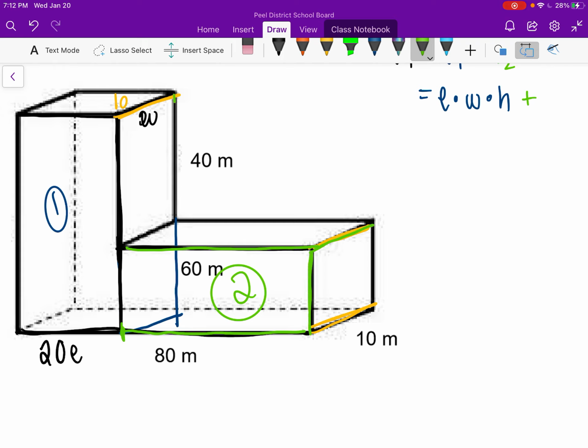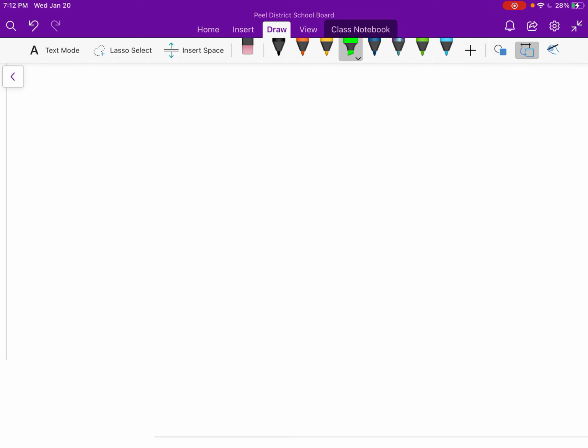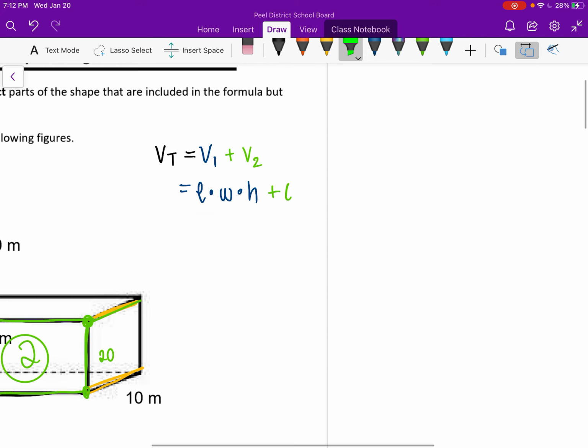I know that all of this together is 60. So it's safe for me to assume that if from here to here is 40, whatever's left over is the spot from here to here. So that's going to be 20. So I'm just going to go put in my dimensions of that box. It's going to be 60 by 20 by 10.